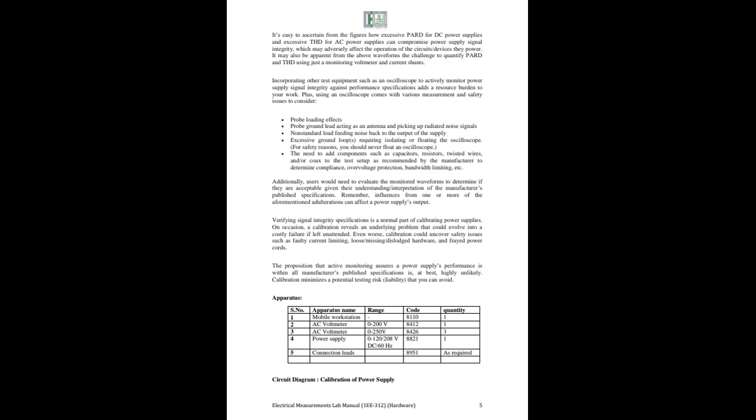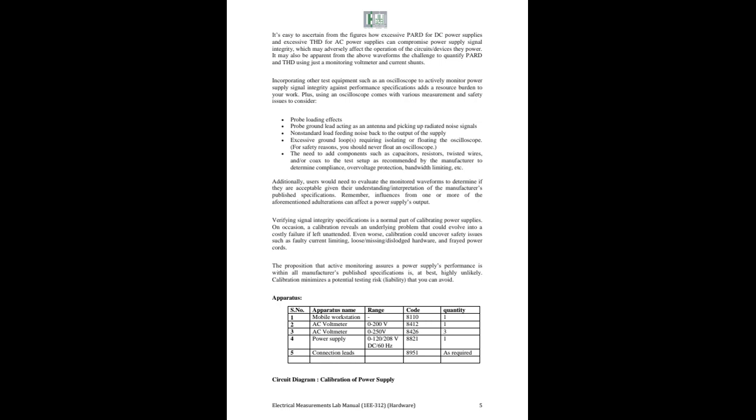Active monitoring assures that a power supply's performance is within all the manufacturer's published specifications. As per the rule, every manufacturer should give the data on the device, so people will know the rated voltage, rated current, and how much over voltage it will withstand. All these things we have to check.